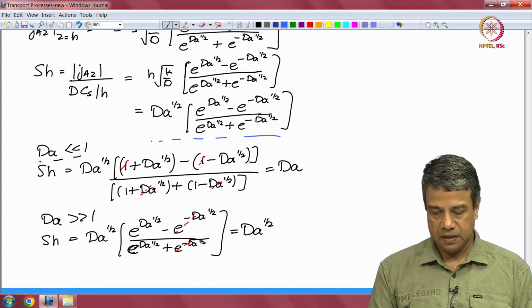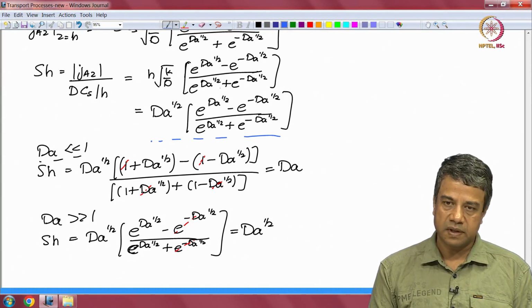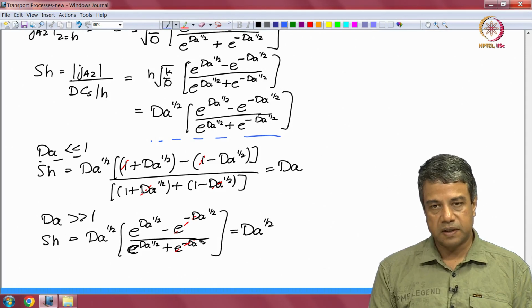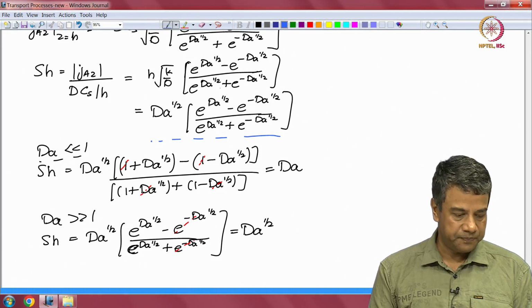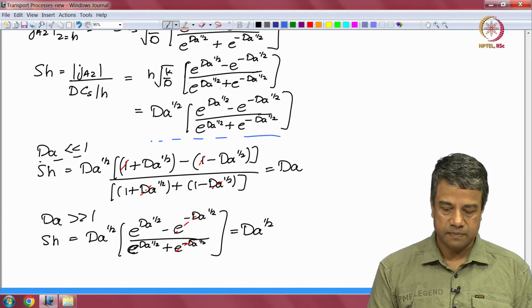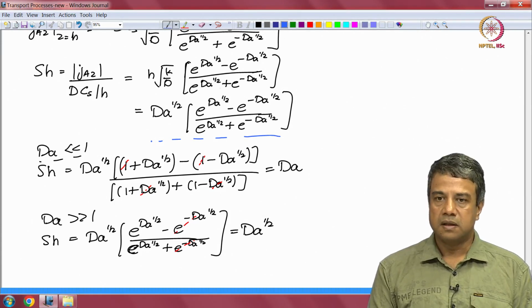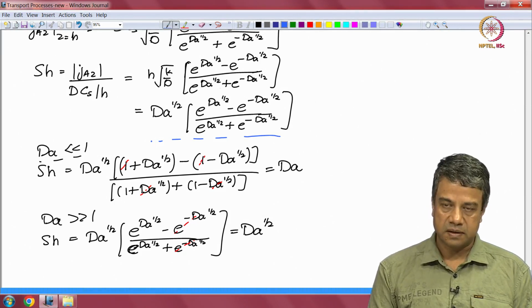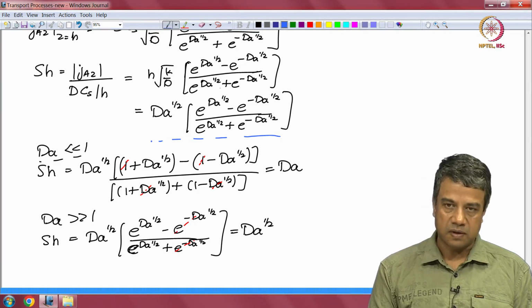So, this completes our discussion of unidirectional transport with constant diffusivity, with variable diffusivity, with no source, with constant source and varying source. Next lecture, I will start our discussion of binary diffusion. Everything we have discussed so far assumes that Fick's law holds, that is, the flux is proportional to the concentration gradient. This is valid only when the concentration is small in general.